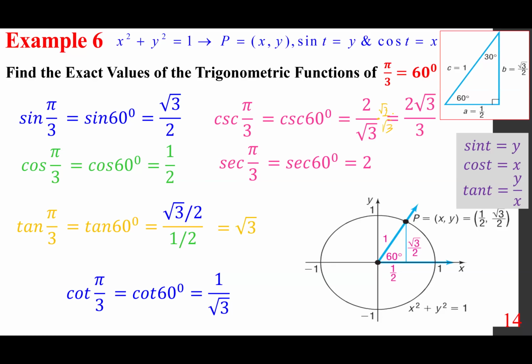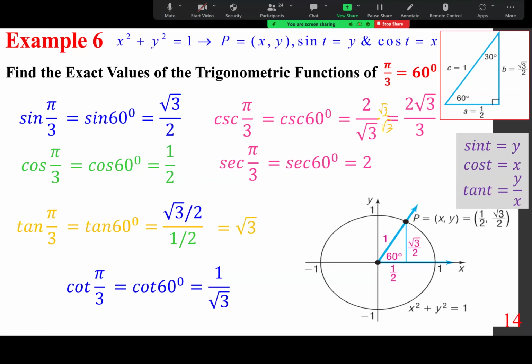Cotangent is the reciprocal of this, and we get square root of 3/3.